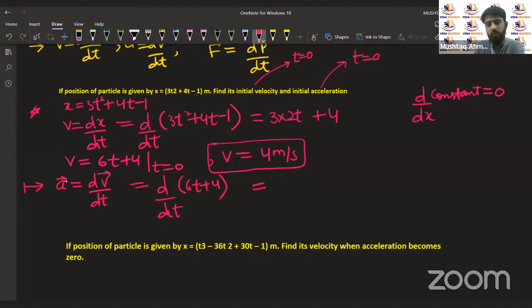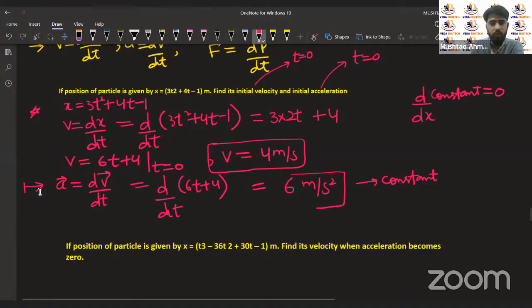We'll take its derivative. The derivative of 6t will be 6, and the derivative of 4 will be 0. So from here we can see that the acceleration of this particle is a constant. It means the acceleration of this particle will be 6 meter per second square throughout, right?